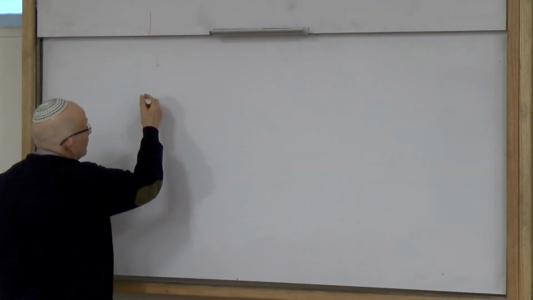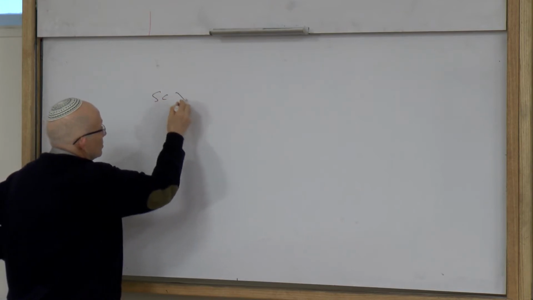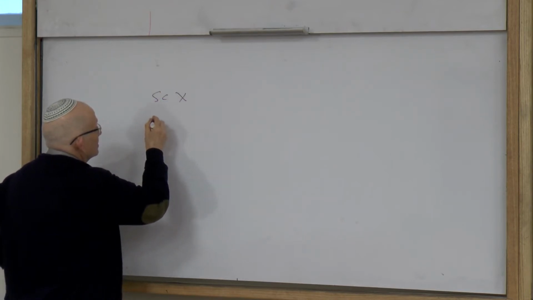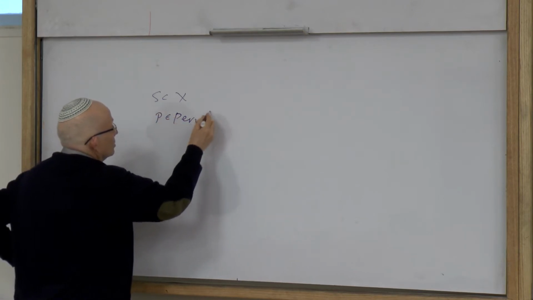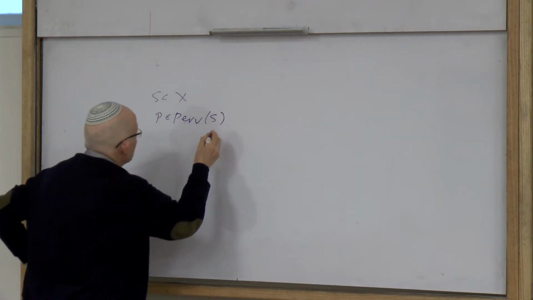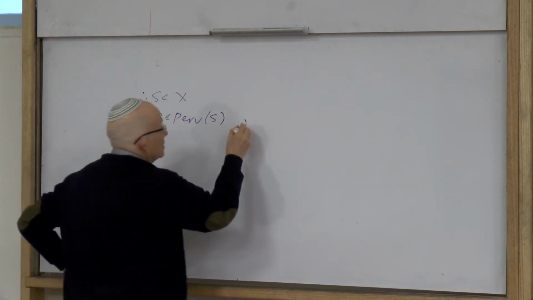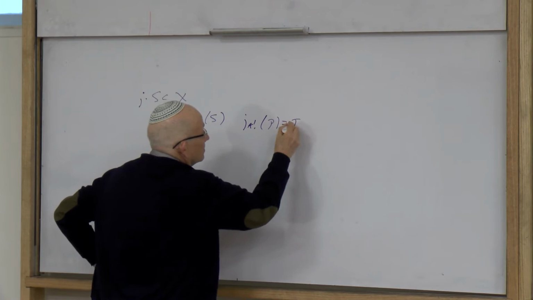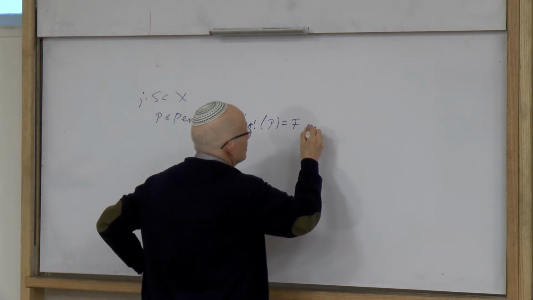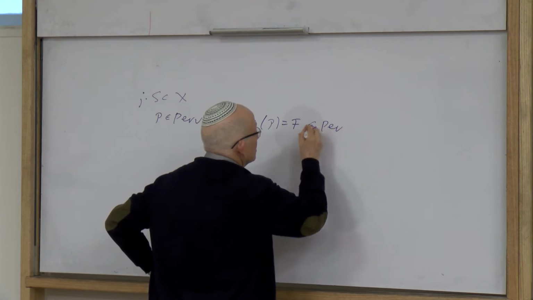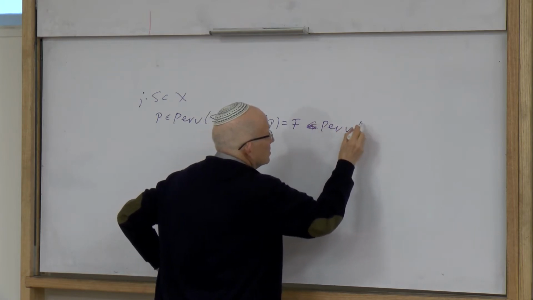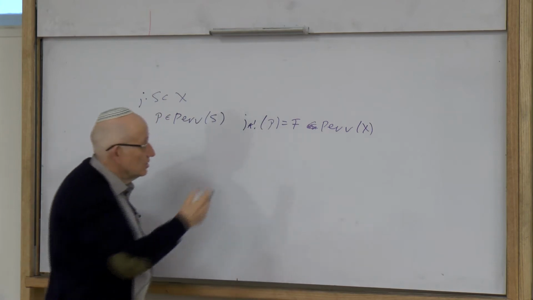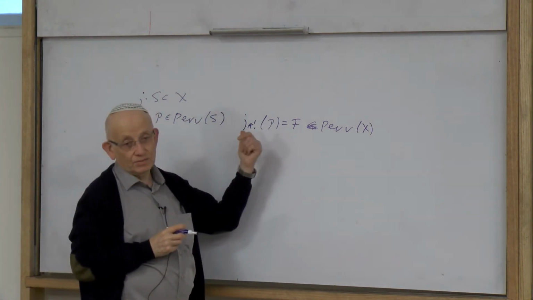So last time I wasn't quite careful. Let me now define. Suppose I have some S in X locally closed, and I have a perverse sheaf P on X, and I consider J star sheaf of P, F, a perverse sheaf on X. Now I would like to characterize the sheaves which I will get in this way.